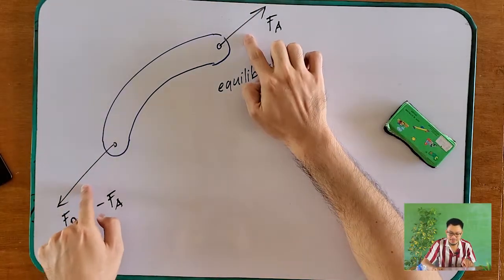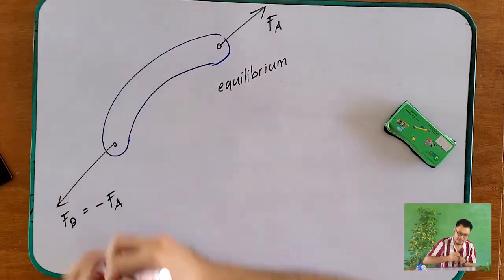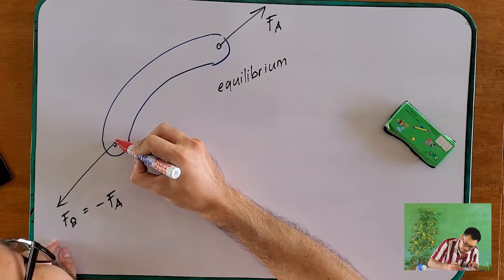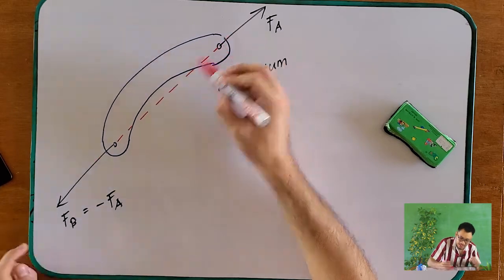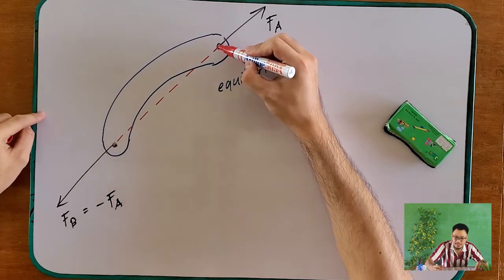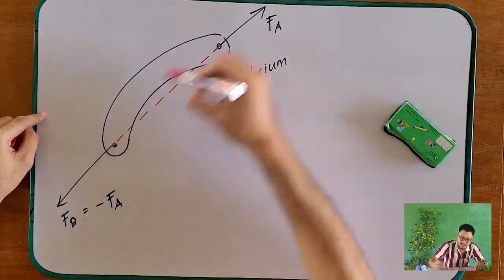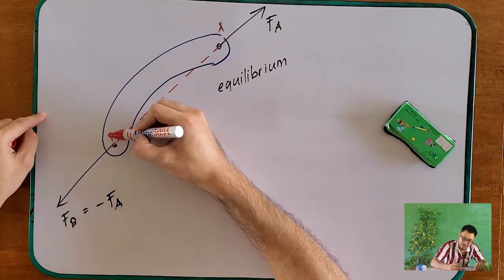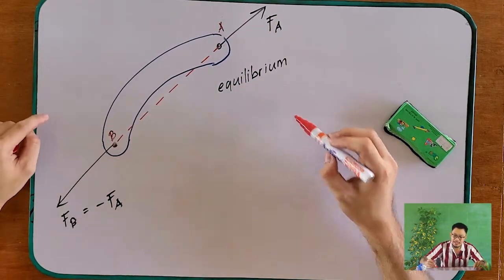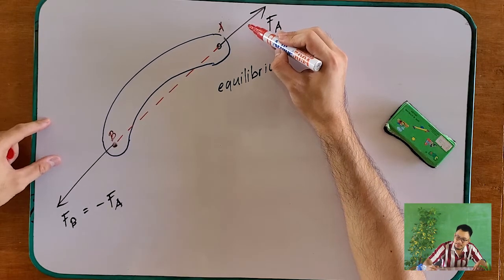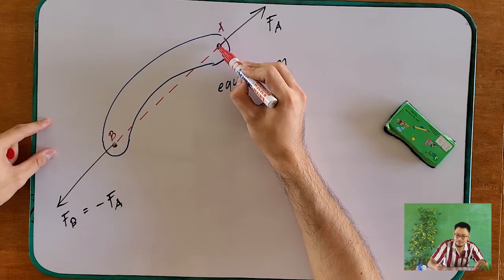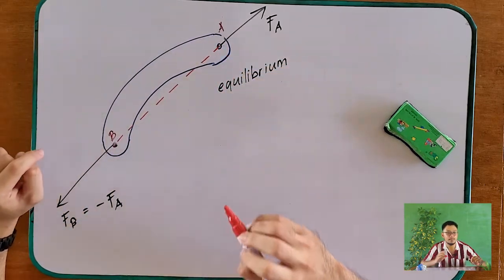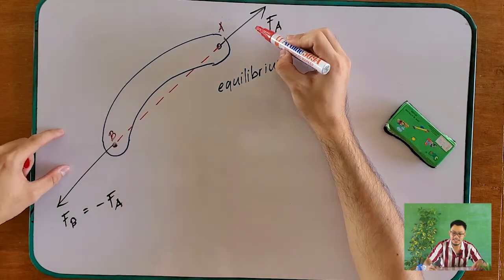And take note, what is the direction of this force? The direction of this force must be collinear with the two points. Do we have points here, A and B? Okay? The direction of these forces must be collinear to the line connecting your points A and B. That is the direction of our force.